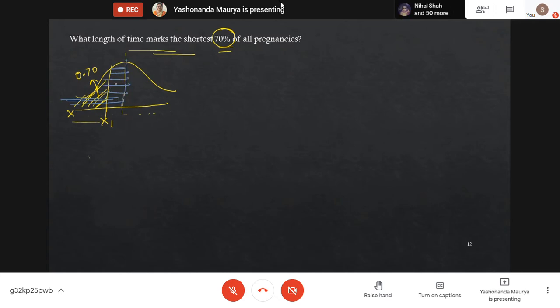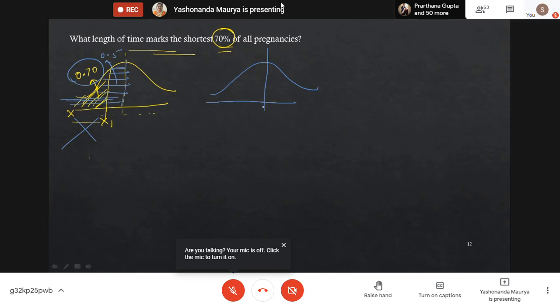This total area is 0.5. And I'm drawing some area which is smaller than this and I'm claiming that it is 0.7. So this cannot be correct. So what should we do over here, if I want to draw the figure, what should be the correct figure? Up to here it is 0.5, so when I am marking 0.7, it has to go on this side. This will be the correct position to mark the shortest 70%.